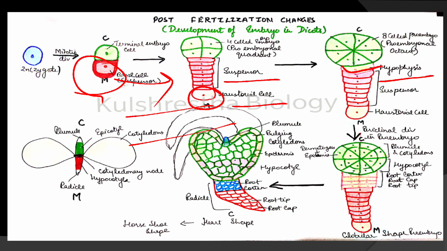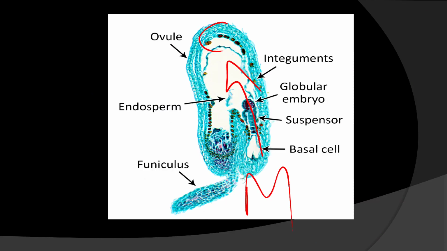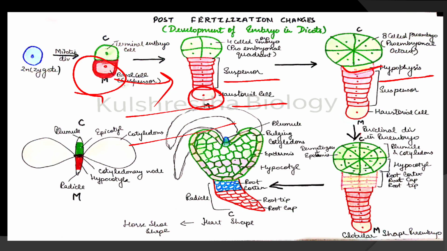The lowermost is towards the micropylar end. The cell which is towards the embryo is known as the hypophysis. The role of this is to make the root apical meristem.